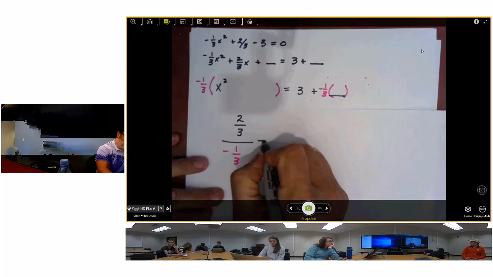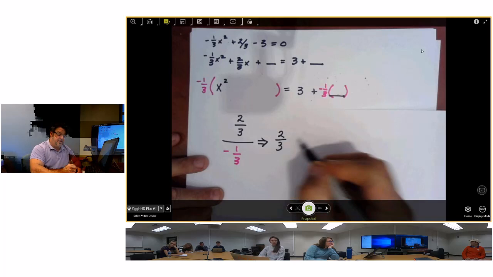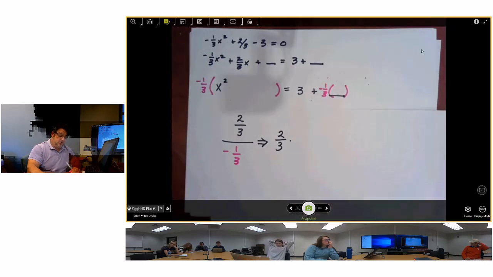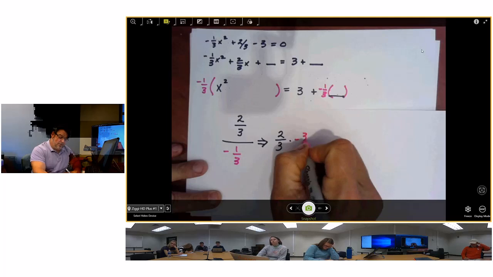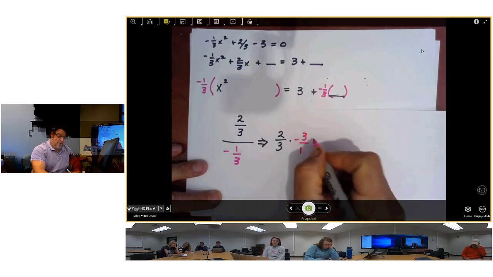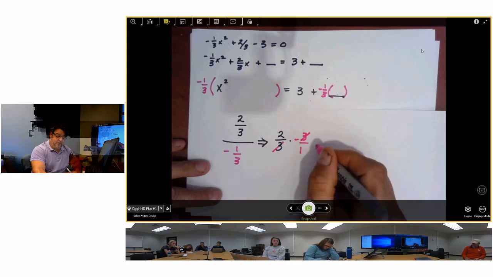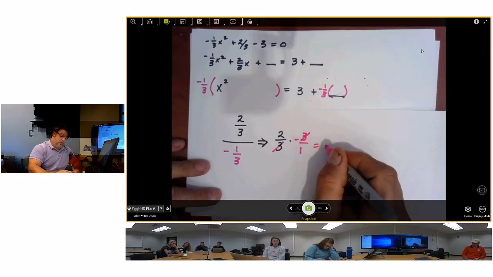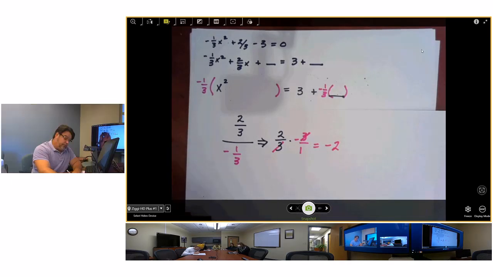That's equal to, and this is what people don't know how to do. They suck at this because they haven't done it. Negative 3/1. And what happens to the 3's? And you're left with what? Negative 2. So all of that, and you're left with negative 2.